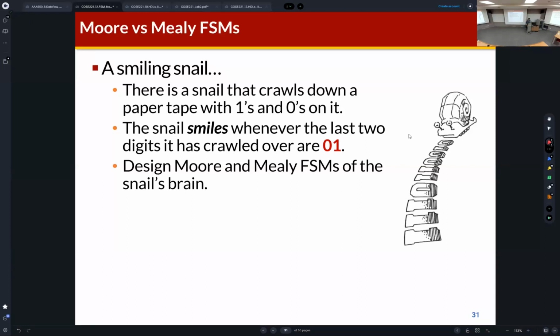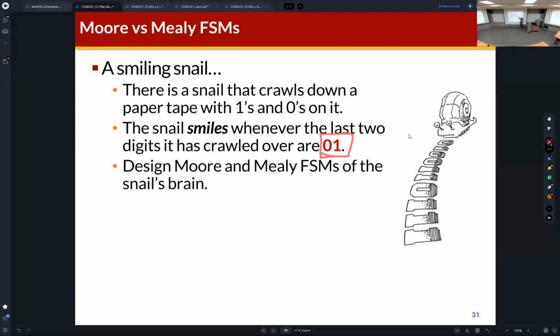The snail is crawling over this sequence of numbers and can read the 0 and 1. If the snail detects the sequence 0, 1, which is composed of the previous event and current event, right?